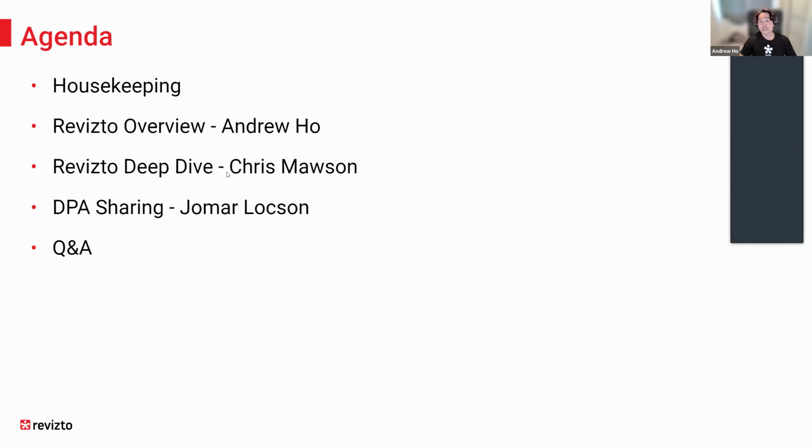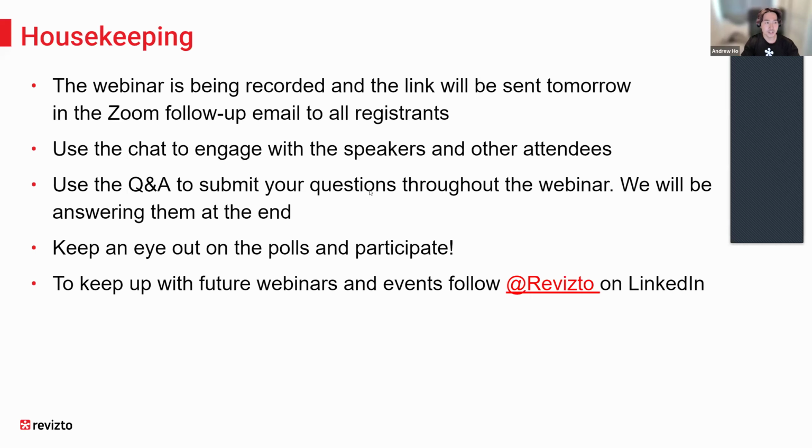Then a deep dive session by Chris Mawson, who is our director of ISM. He'll be going into a little bit of the details on the technicalities of Revizto, our CSM team, as well as the future of what we're going to bring toward the industry. And then our keynote sharing at the end of the day, which is the highlight from Jomar on DPA's use case. And then we'll take some questions and answers at the end of the sharing session.